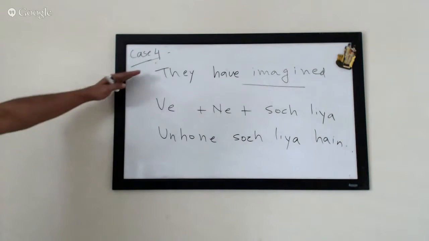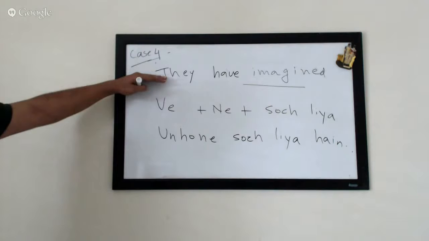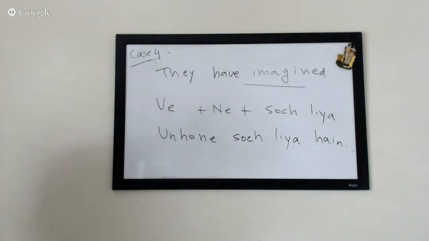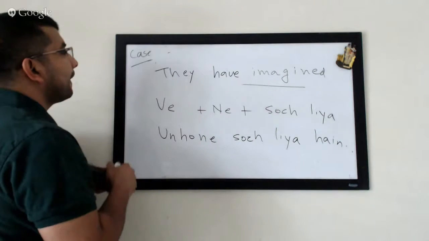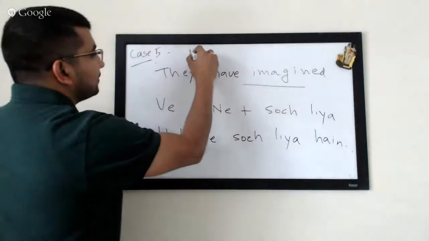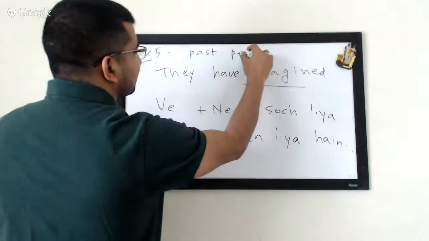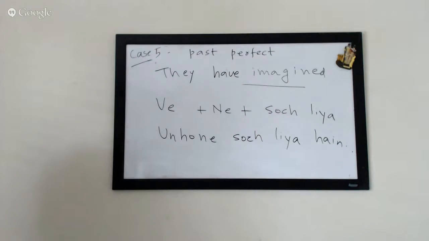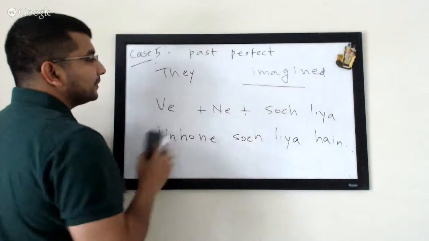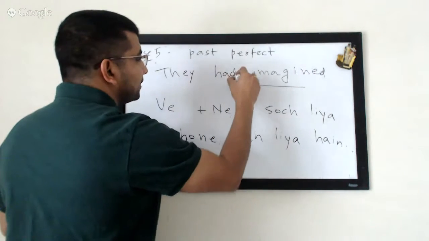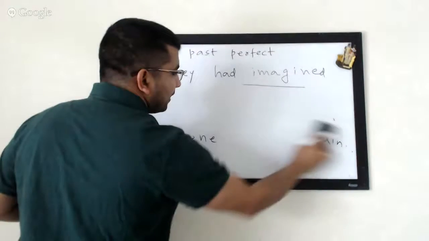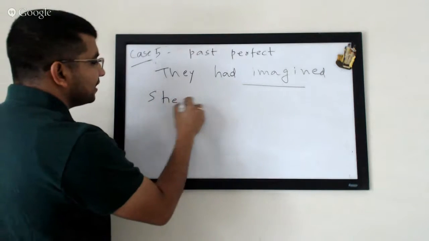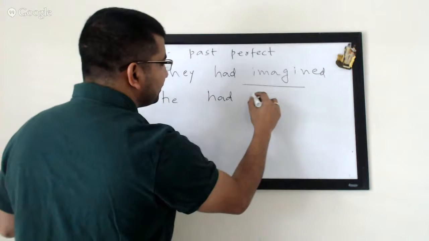Okay. As of now, I want to make sure that I complete this particular scenario, they have imagined, and now let's do case 5 of past perfect. This will be rather straightforward. They had imagined, and the second one I had was he had, or let's say this time we had she had imagined.